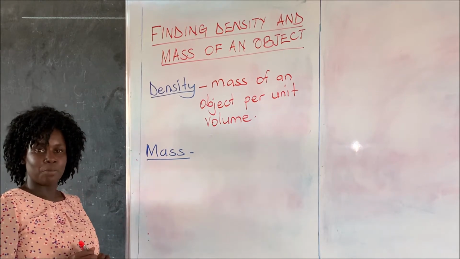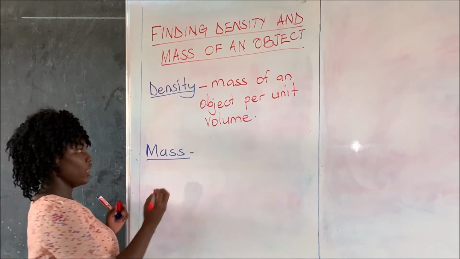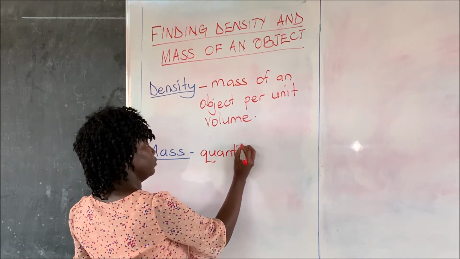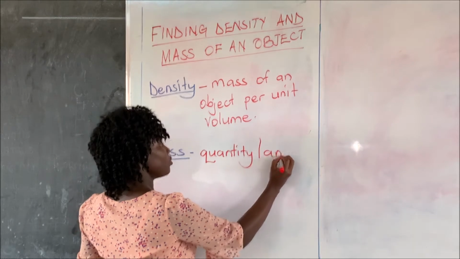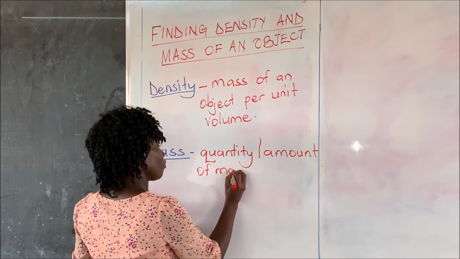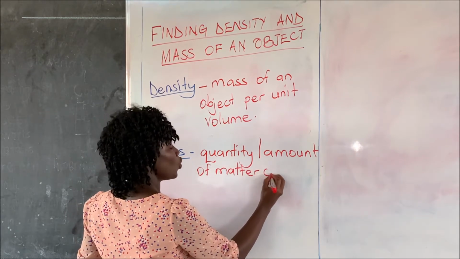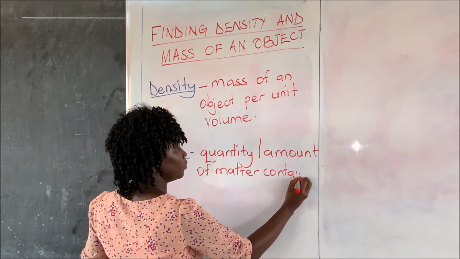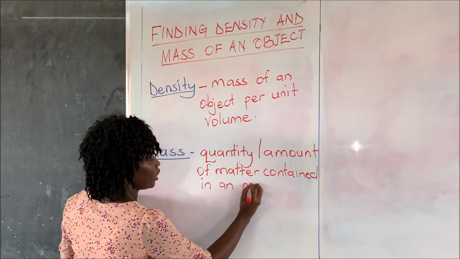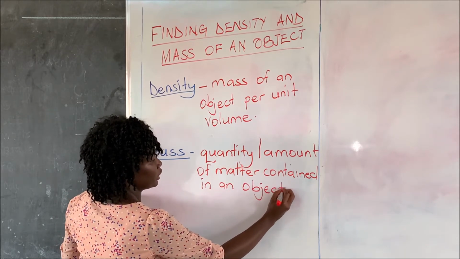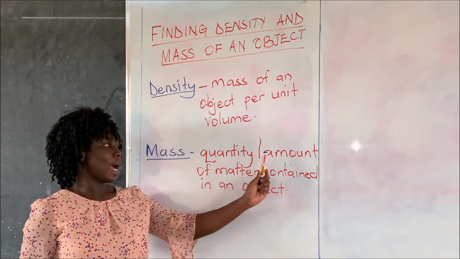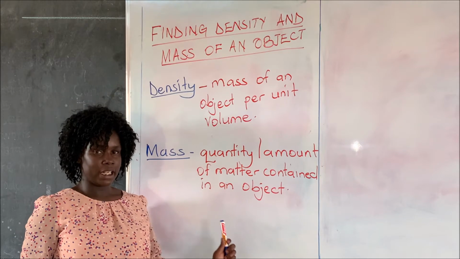Mass is the quantity, or you can say amount, of matter contained in an object. Let us read the definition for mass. Mass is the quantity or amount of matter contained in an object.